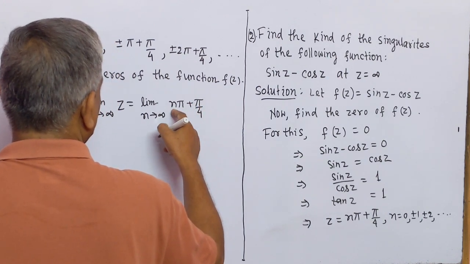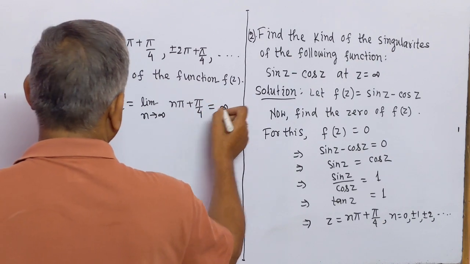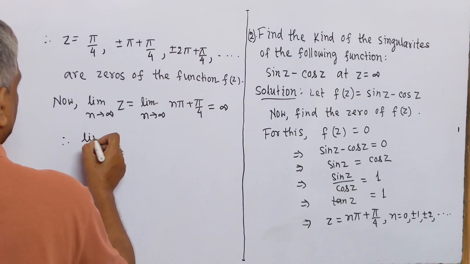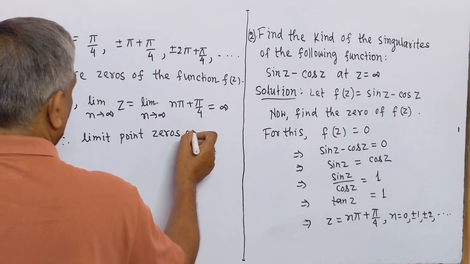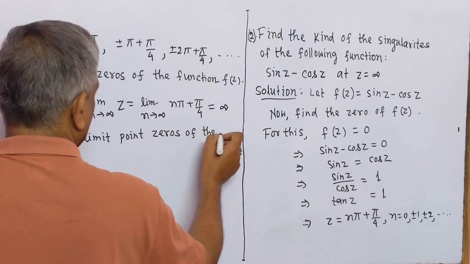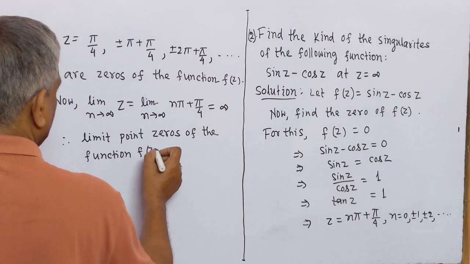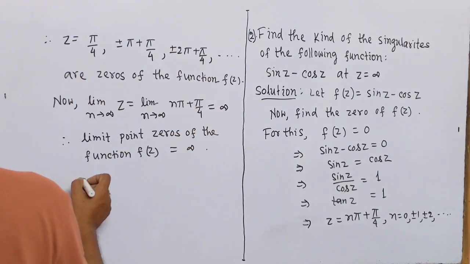If n equal to infinity, this is infinity plus pi by 4, which is infinity. Therefore, limit point of zeros of the function f(z) equal to infinity.